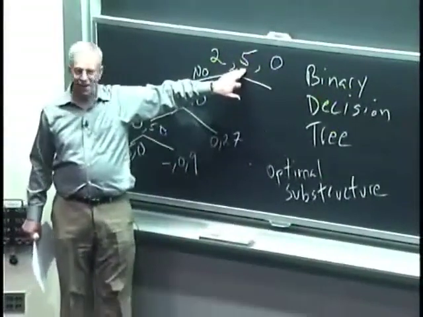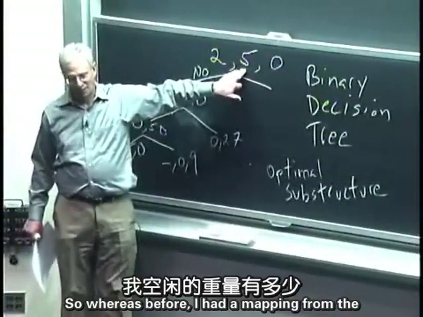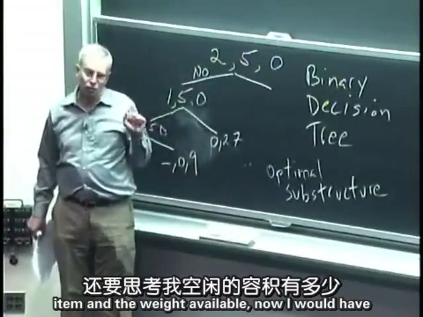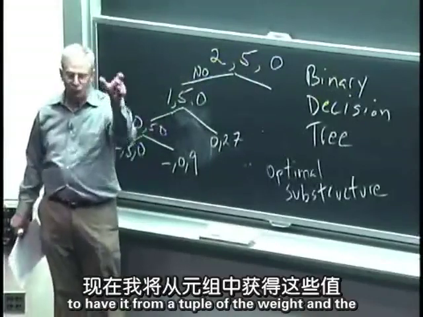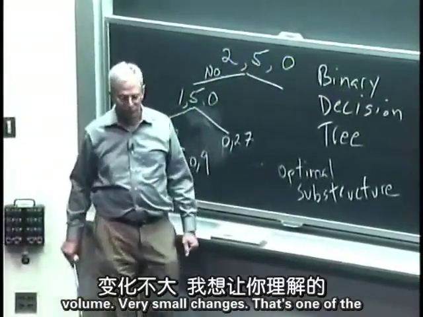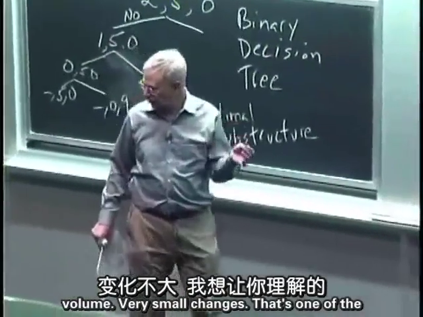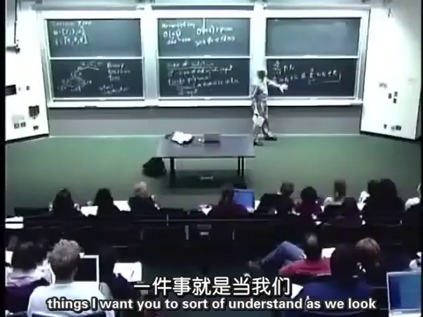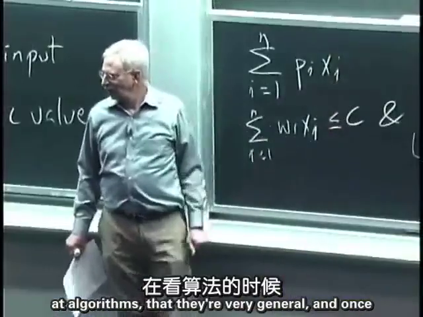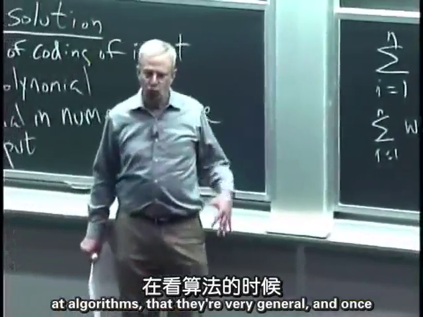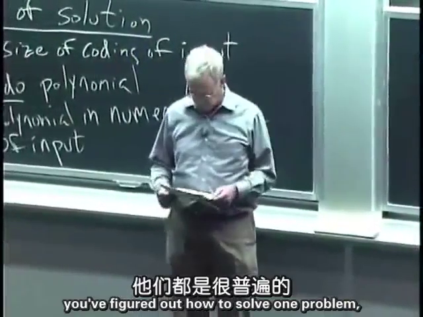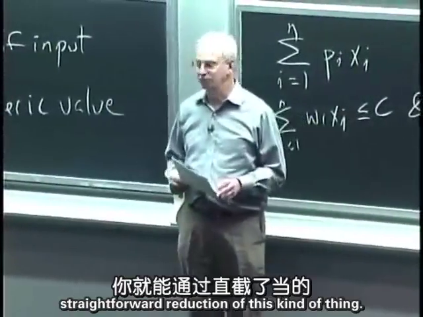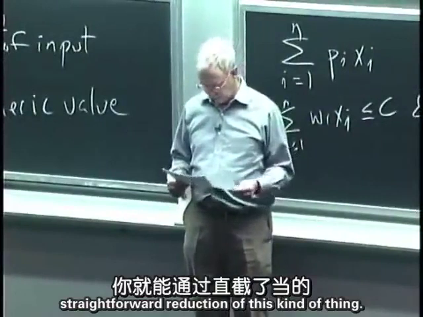So whereas before I had a mapping from the item and the weight available, now I would have to have it from a tuple of the weight and the volume. Very small changes. That's one of the things I want you to understand as we look at algorithms, that they're very general. And once you've figured out how to solve one problem, you can often solve another problem by a very straightforward reduction of this kind of thing.